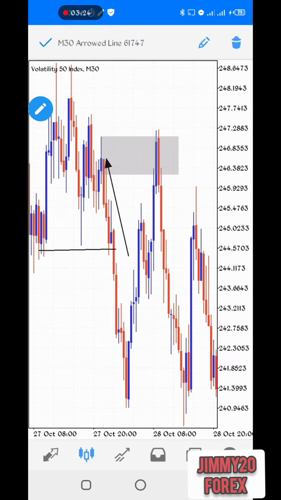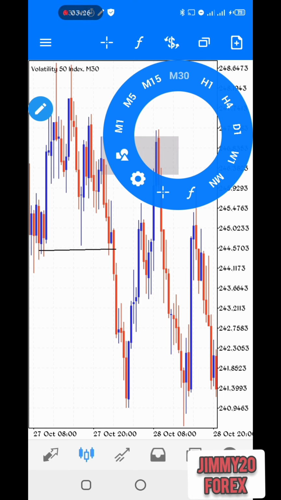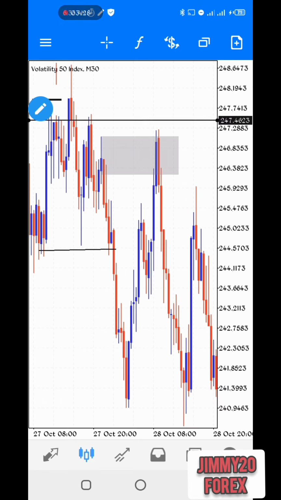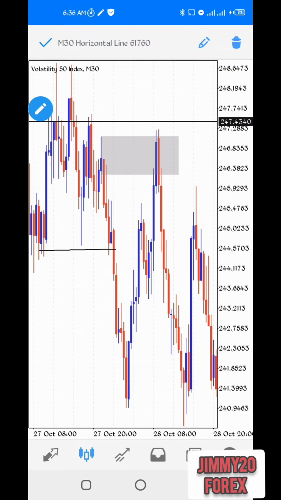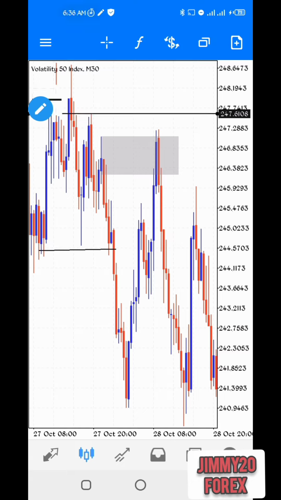When the price returns to that supply area, you have to look for sells, in case the trend on the highest time frame is downward. Always put your stop loss just above the wick that you marked. For example, you can put your stop loss here or here to minimize the risk of being stop hunted.